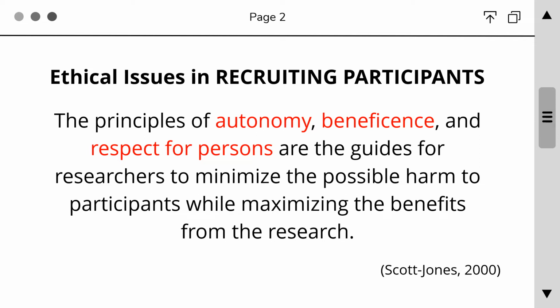Respect for persons includes treating the participants and colleagues fairly and taking precautions with vulnerable populations. So we will discuss the vulnerable populations in the following slides. And lastly, the principle of beneficence states that the welfare of the participants should always be the priority of the researchers.